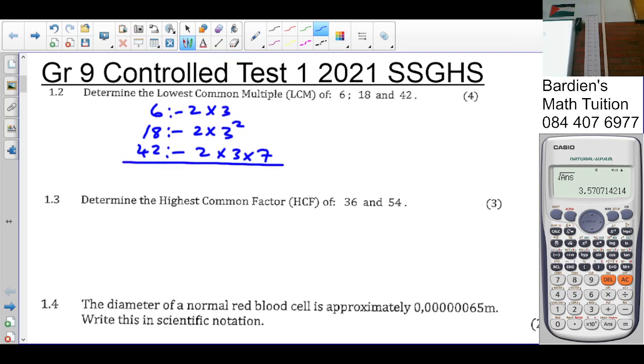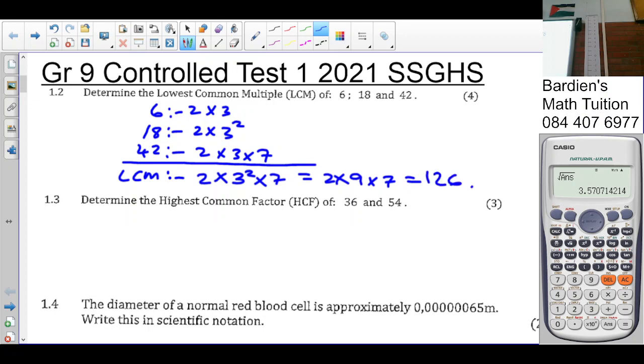Then for the lowest common multiple, the LCM, the rule says it does not have to occur in all, and it takes the highest exponent. So the highest exponent of 2 is 1. 3 must be considered, 3 squared, and 7. So 2 times 3 squared is 18, times 7 is 126.